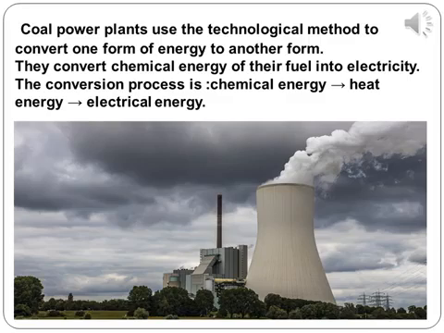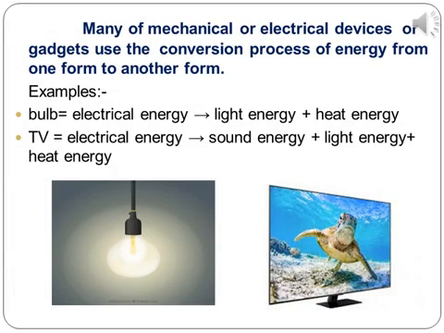This heat energy is used to produce steam by boiling water, and the steam is used to rotate the turbines to produce electrical energy. Then the conversion process is: the chemical energy is converted into heat energy, and in turn the heat energy is converted into electrical energy.